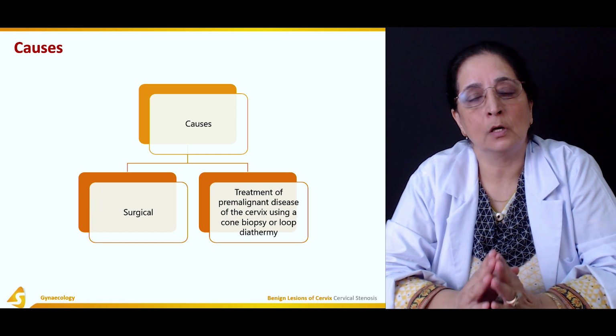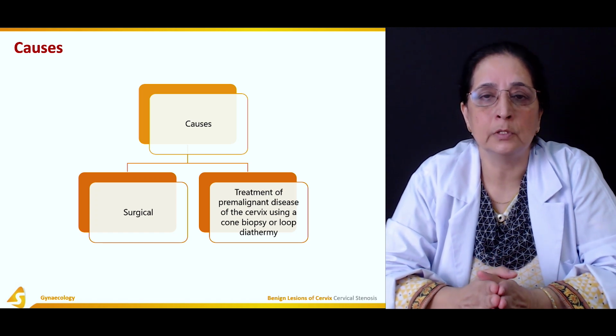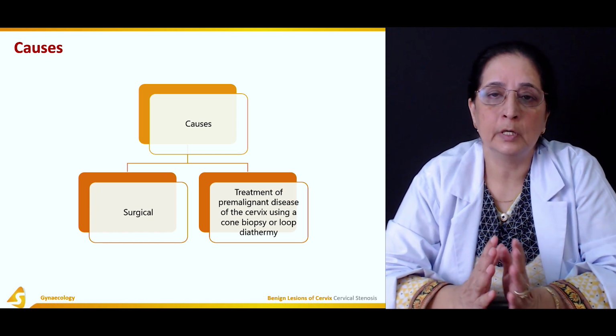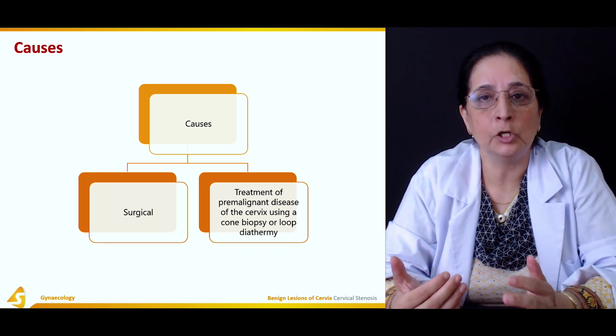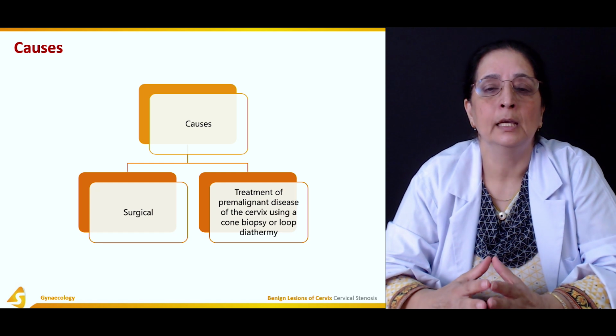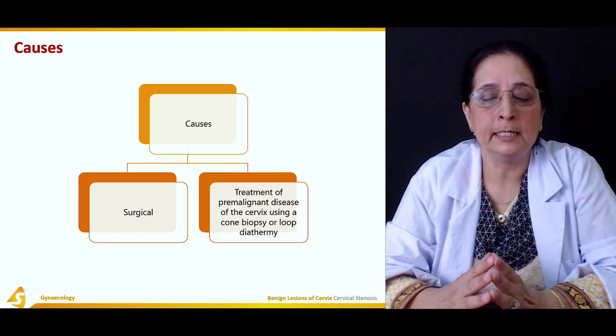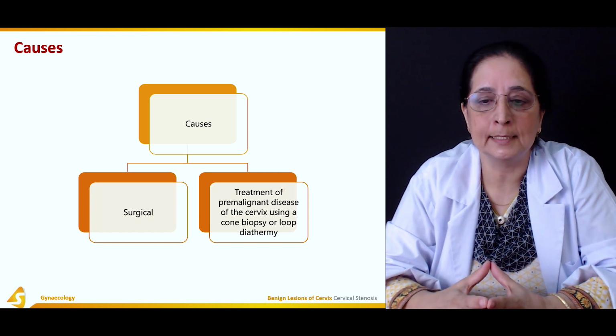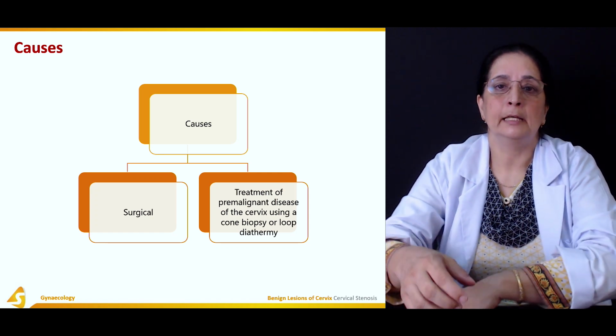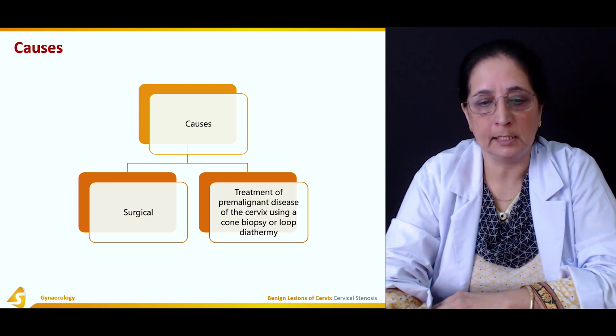Usually it can cause narrowing or stenosis of the cervix. So it can be surgical, or it can occur as a result of treatment of malignancy, or when a biopsy is performed, or when there is loop diathermy, it can lead to cervical stenosis.